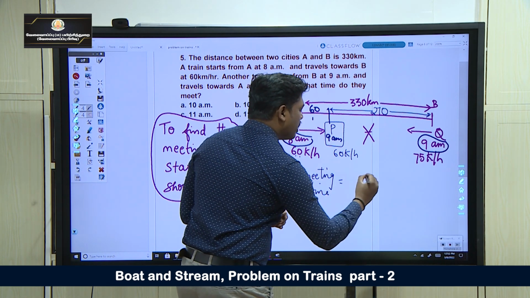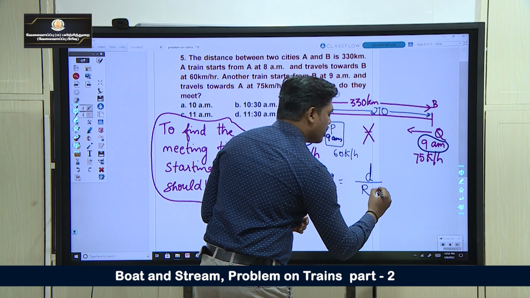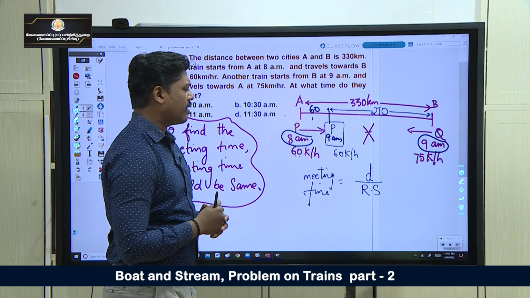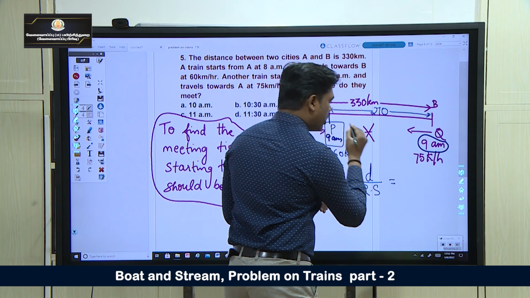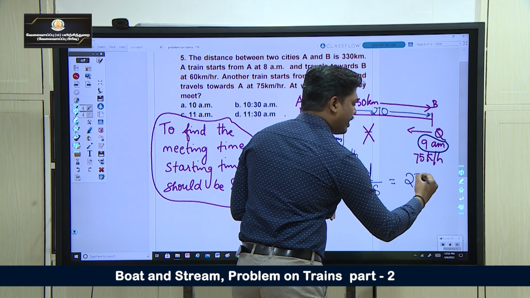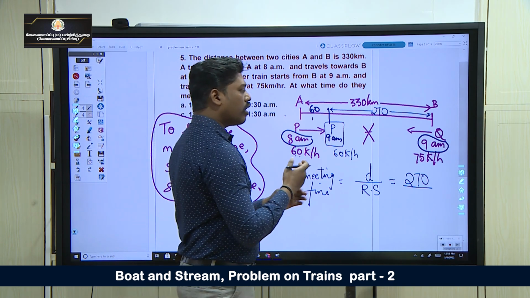Meeting time is equal to distance between them divided by relative speed, since they are moving in opposite direction or same direction. We are having two speeds. So what is the distance between them? It is 270 kilometers divided by the relative speed moving in opposite directions.